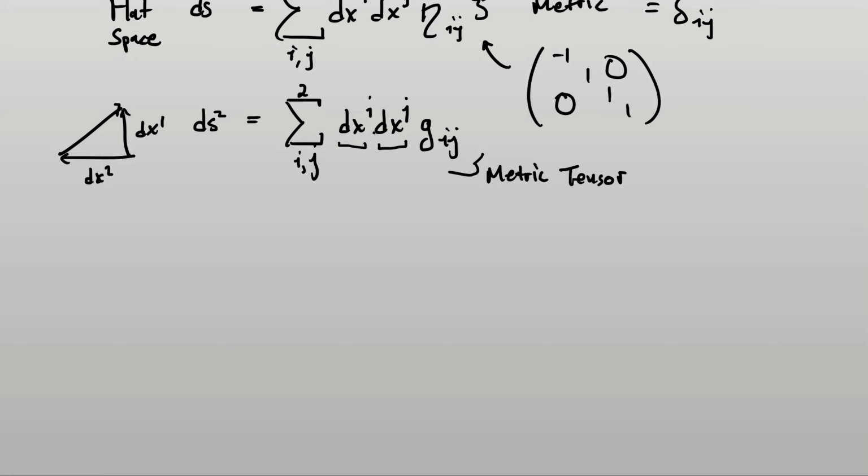So these guys are vectors, right? gij takes these two vectors, and what does it produce? Well, ds squared is not a vector. This is a number, a scalar, that represents the square of the magnitude of this distance right here.